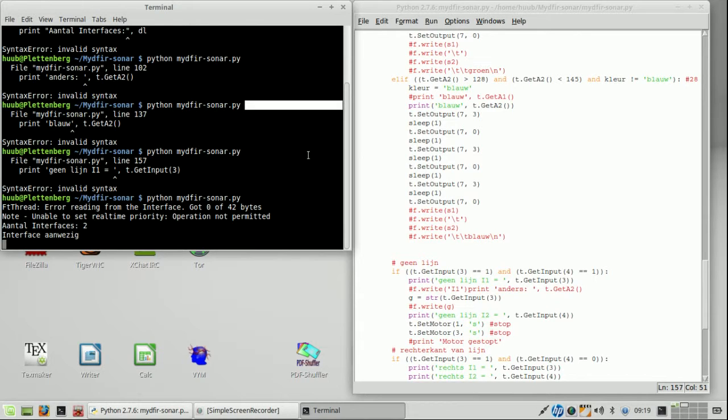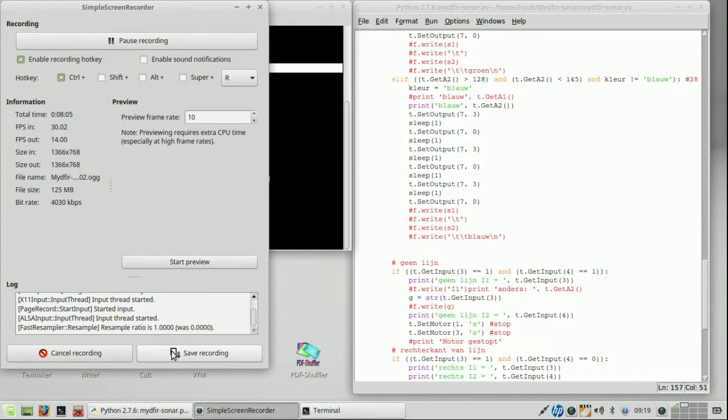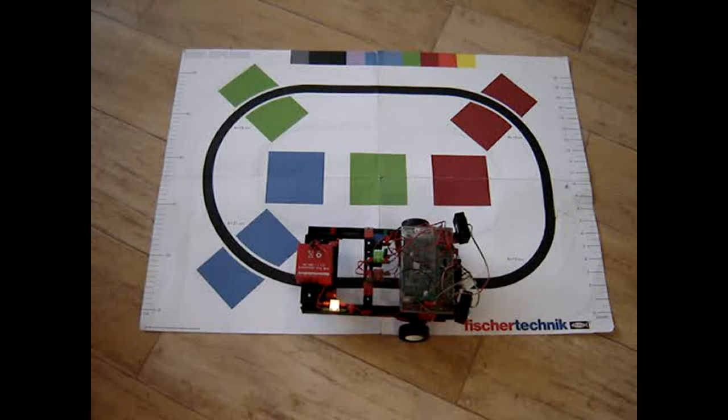Now it works. Okay, time for the floor test. Once again, for light sources, including poor daylight, and let's see what's happening. Does the buzzer do what it should do or not?